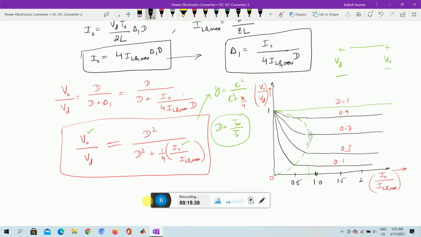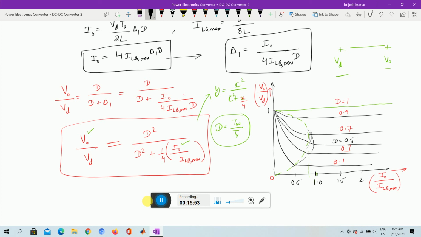If we take some value of D, let us say this value would have come like this, and here we get another value of D, and this D value should be 0.5, because when you write D equals 0.5, that is also 1 by 2, 1 by 4. All the 1 by 4 will cancel.